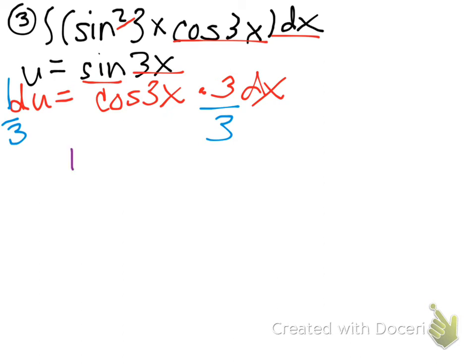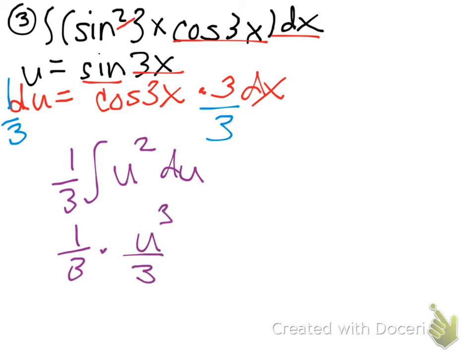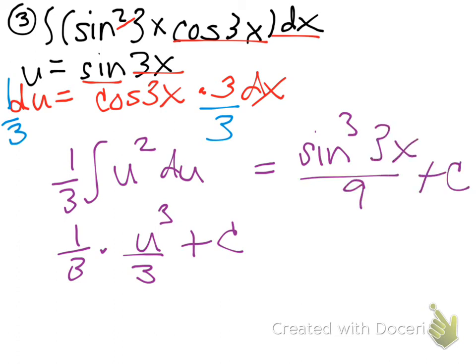So you pull out the 1/3 times the integral of u squared du. And then you just integrate it like normal. It's 1/3 times u cubed over 3 plus c. So now I'm ready to just plug in my u. It's simply going to be sine cubed of 3x divided by 9 plus c.